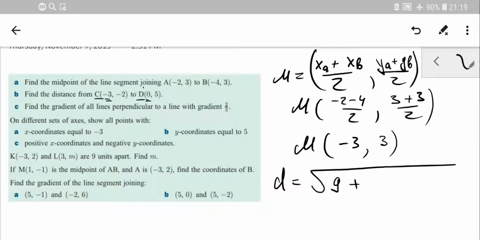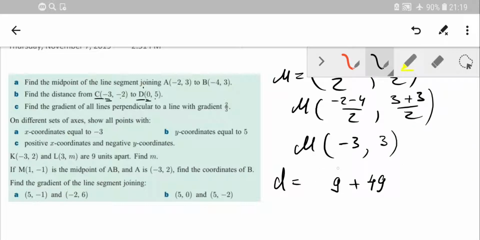Next, 5 minus 2 gives 7, and 7 squared is 49. So we have the square root of 58. We can simplify, but anyway, we can leave it as that. Alright, so part B is done.